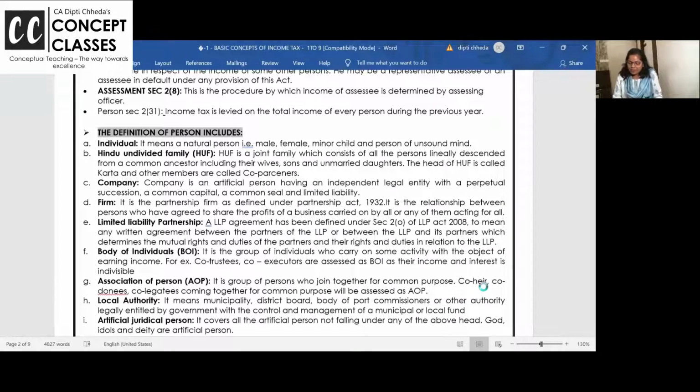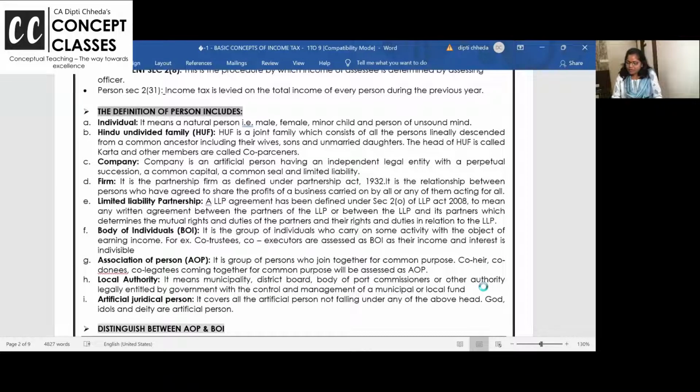A person who is liable to pay tax. Individual means who? Natural person, male, female, minor, maybe a person of unsound mind as I discussed. HUF is a joint family which consists of all the ancestors, wife, son, married daughters and all.